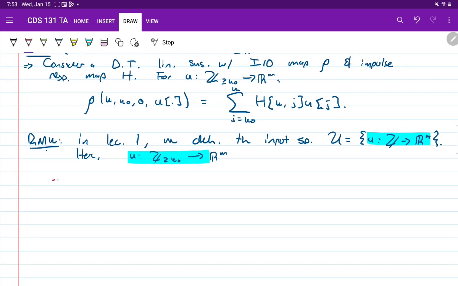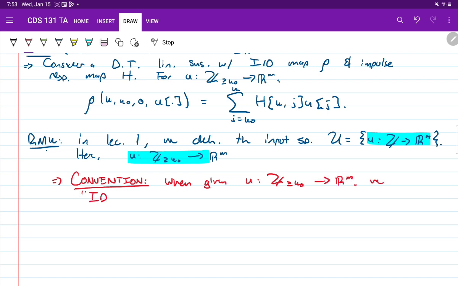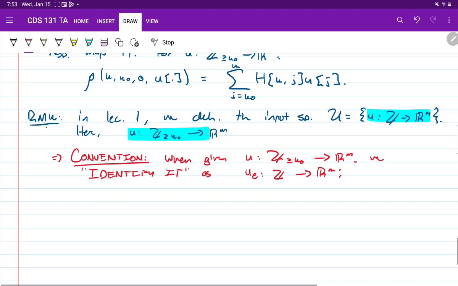So to get around this problem, we introduce the following convention. When given a signal U, which goes from Z greater than or equal to K naught to Rm, we identify it, which means we treat it as the exact same thing as the extended signal, U extended from Z to Rm, which we define as follows.